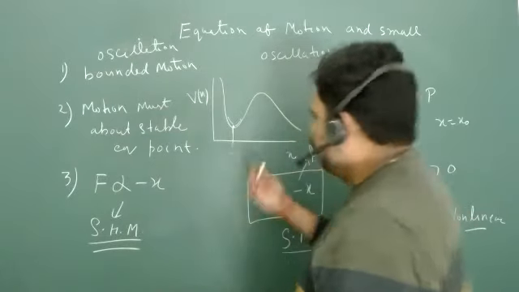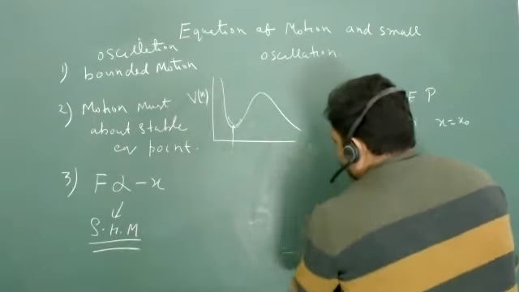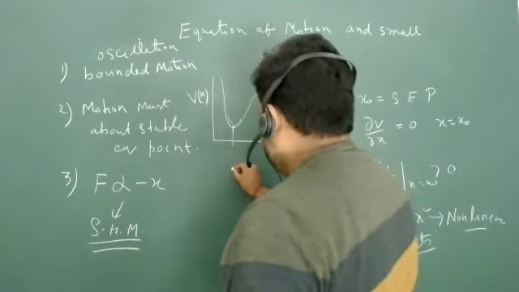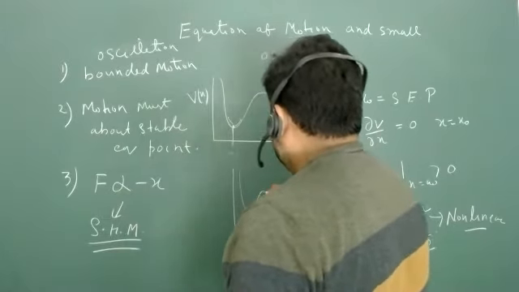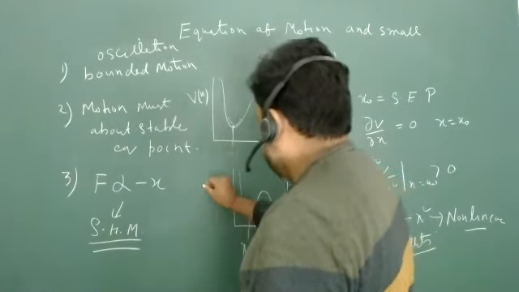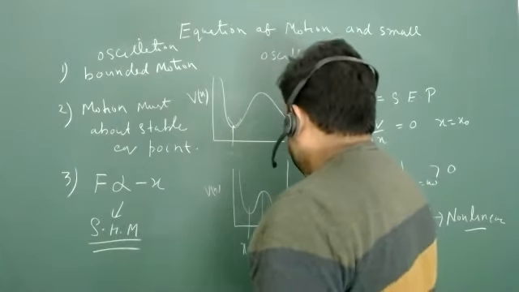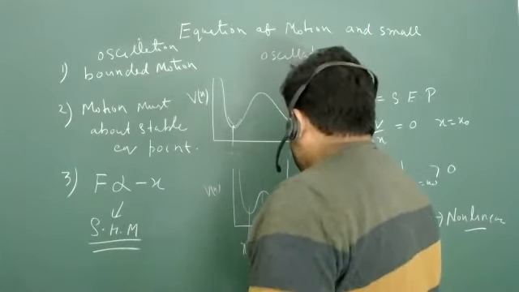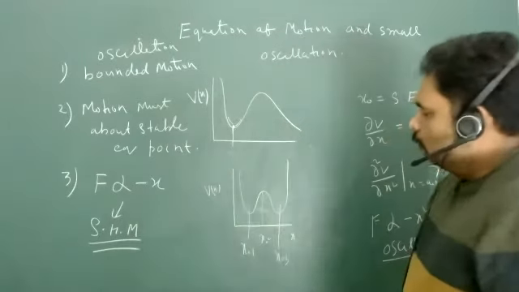Maybe we have a potential. Look here. Suppose I have a potential something like this. Let's say this is x01, this is the potential V(x) versus x, this is x02, and this is x03.